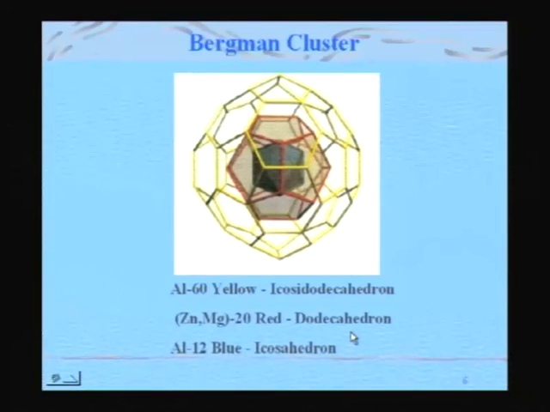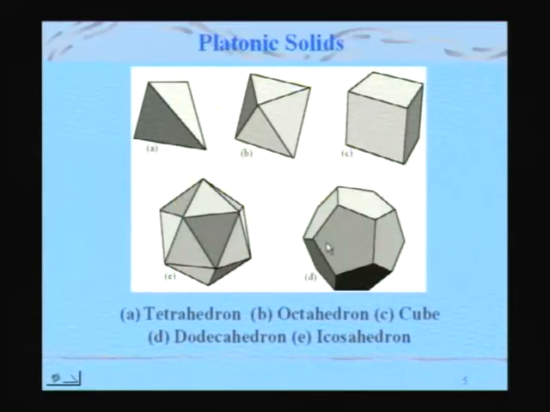A dodecahedron has 20 corners. You can look at this. This is a dodecahedron. It will have 20 corners if you look at it. You look at any of the pentagons, you have 5 corners there, and the next layer will be 10 corners surrounding this, and again at the bottom you have another pentagon with 5 corners. So you have a pentagon, another pentagon at the bottom, and then 10 corners coming at the center of that.